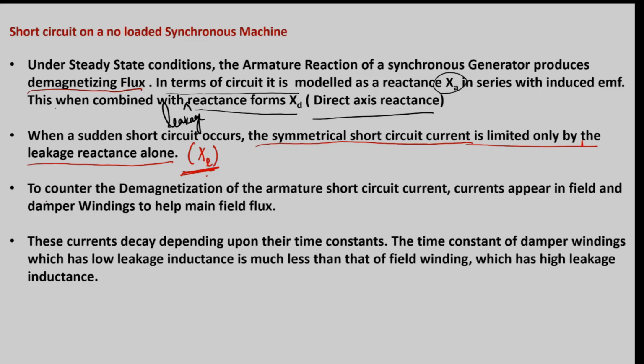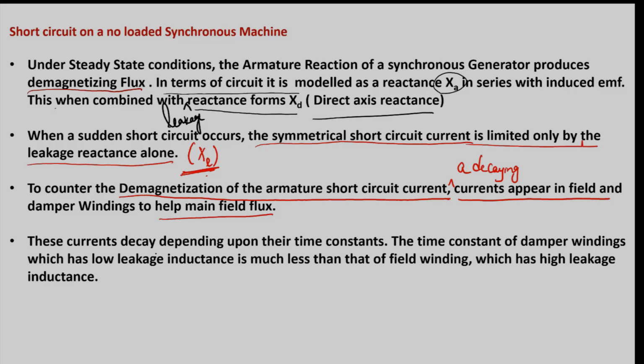So to counter the demagnetizing effect of the armature short circuit currents, DC decaying currents appear in field and damper windings that will help the main field flux.